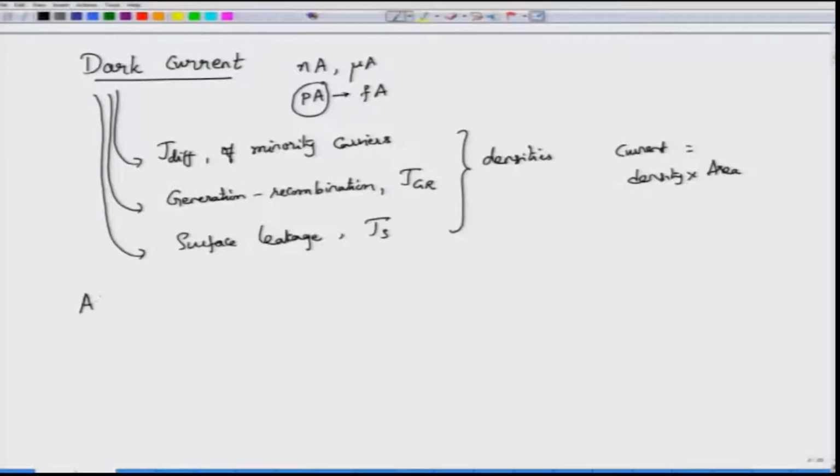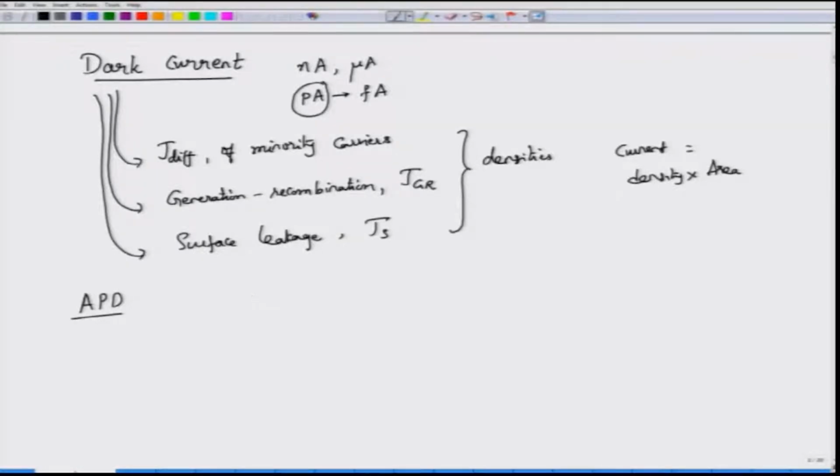Now, if you go to APDs, the avalanche photodiodes, which we have already discussed, they differ from regular PIN photodiodes in that you actually have what is called a multiplicative gain. This simply means that in an APD, once you generate an electron hole pair, these electron hole pairs will impact ionize the material.